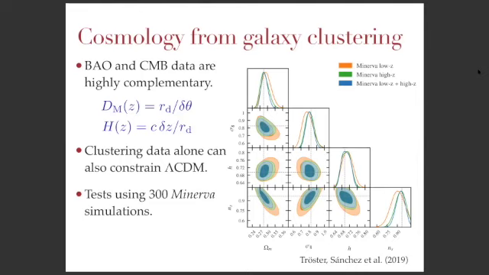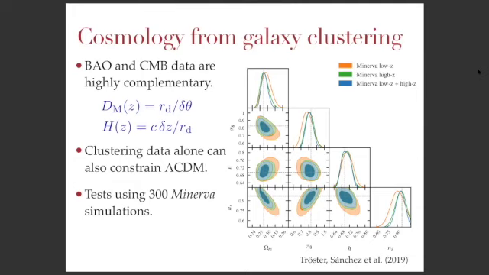And in order to obtain absolute distance measurements, you need the size of the BAO ruler. So this is the angular size and the redshift extent of the BAO scale in clustering. So if you get this sound horizon scale from the CMB, you really obtain absolute distance measurements, and this is really powerful to constrain cosmological parameters. And this is why this works so well at constraining parameters like w.